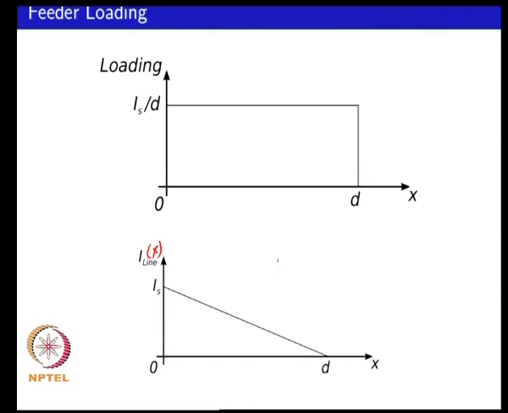So, you can write an expression as I of x. So, now that you know what the current is along the feeder, you could then calculate what your voltage is going to be at different points along the feeder.